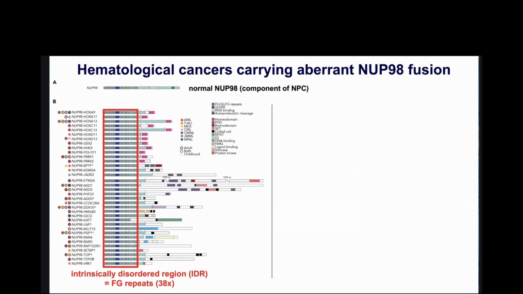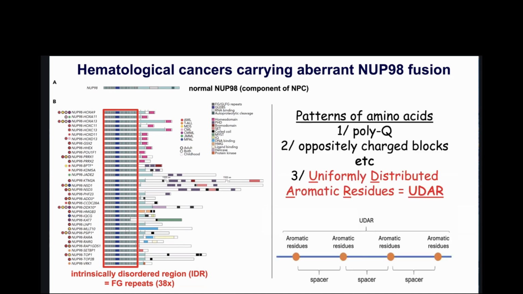And the idea of IDRs has gained a lot of attention in recent years. You probably heard a lot about them, and a lot of these IDRs have patterning in terms of the amino acid composition. I just list here some examples on the right side. For example, polyQ, which you probably heard is a motif associated with neurodegeneration and other diseases, and oppositely charged blocks.